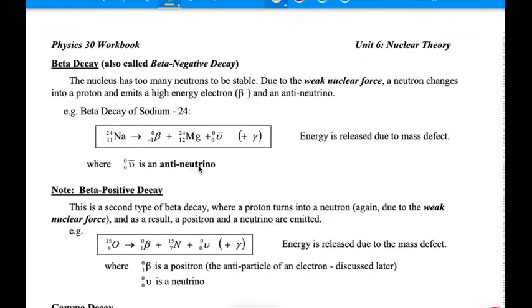All right, here we have beta decay. So there's two types of beta decay. We have beta negative decay and beta positive decay. It depends on if we're emitting this high energy electron, this beta particle, and an antineutrino, or if we're emitting a positron, right?